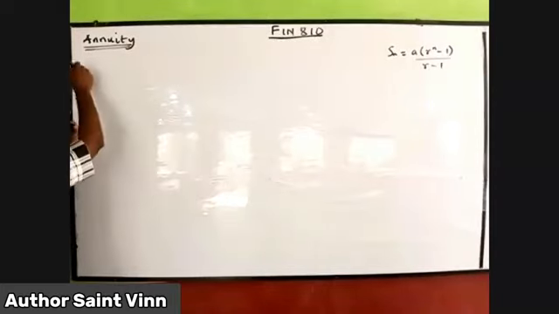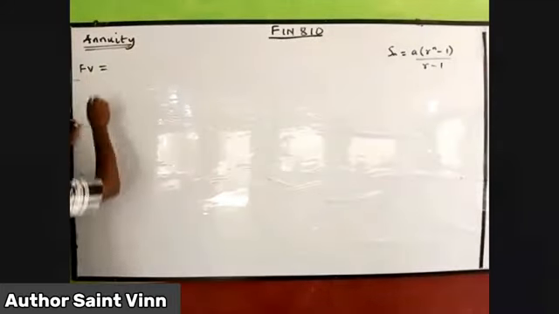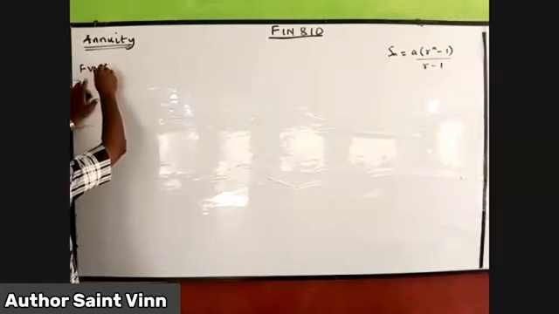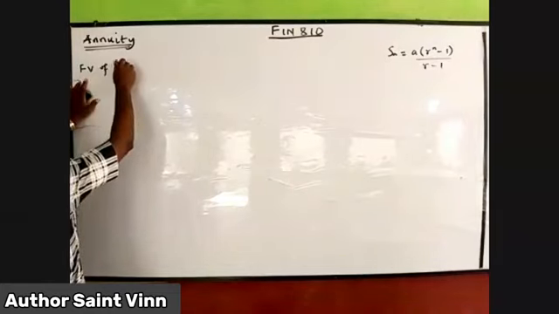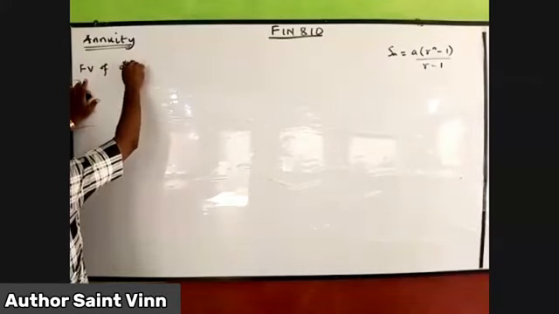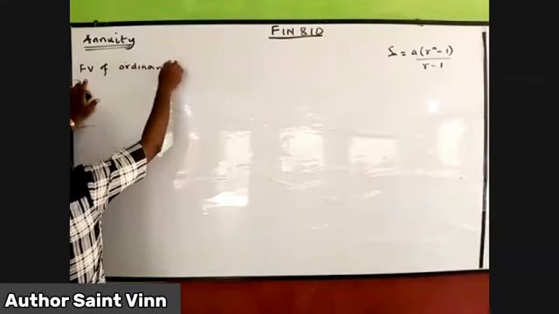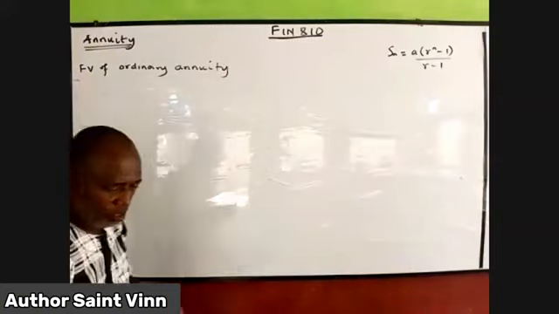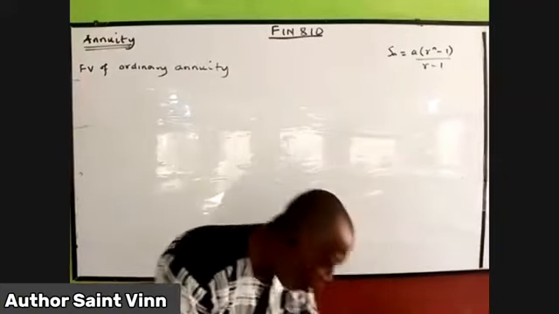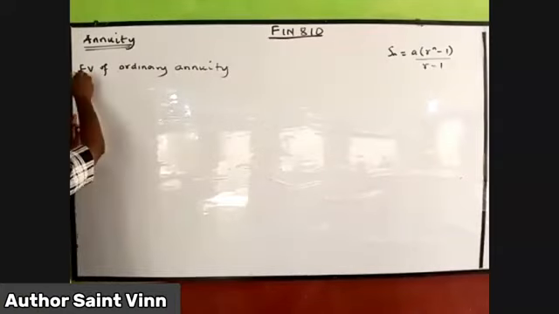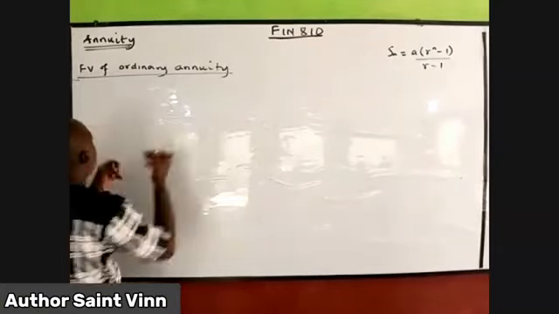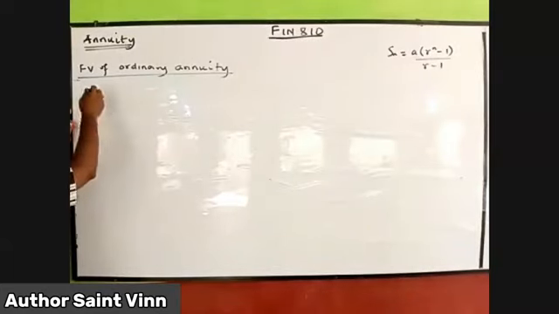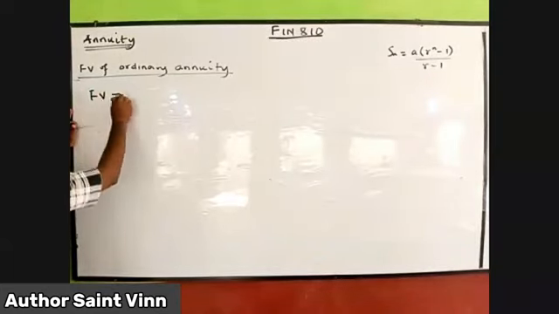That my S_n, I'll turn it to future value. So let me put the future value of ordinary annuity. We want to look at the future value of ordinary annuity. The formula is this.